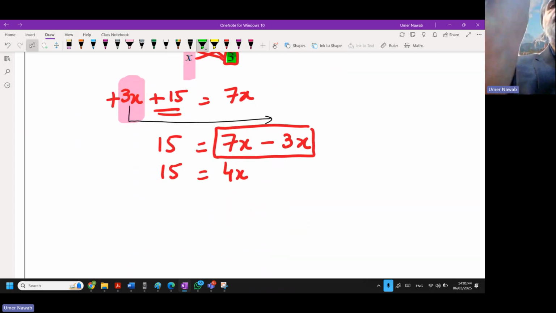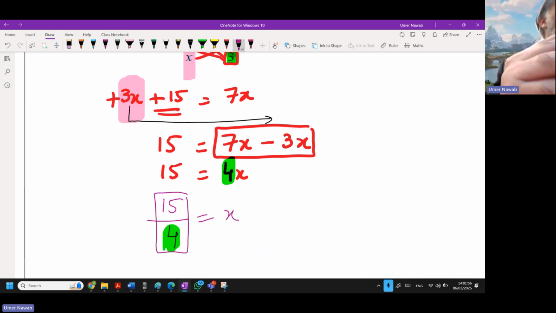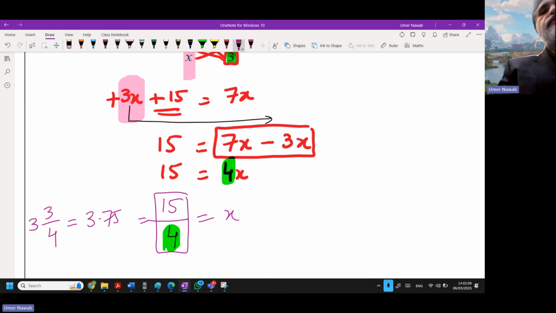Now 4 is multiplying. The opposite of multiplication is division. So 15 over 4, I will write it here, which is equals to x. 15 over 4 I can write as 3.75 from a calculator, or also in a mixed form, 3 whole 3 over 4.